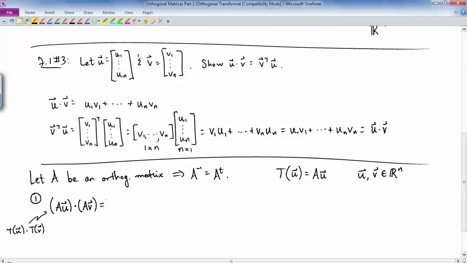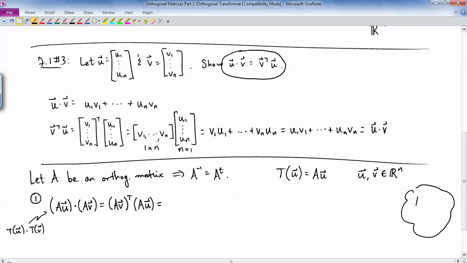Well, let's use properties of the dot product. So using the property up here, instead of U and V, I'm doing AU and AV, then I know this should turn into the second vector transposed times the first vector. Okay. And then we also know that now I'm going to interpret AU and AV both as matrices, and I know that when I have this property, I'll put this over here in a little bubble. Remember, we learned that if you have AB transpose, that turns into B transpose A transpose.